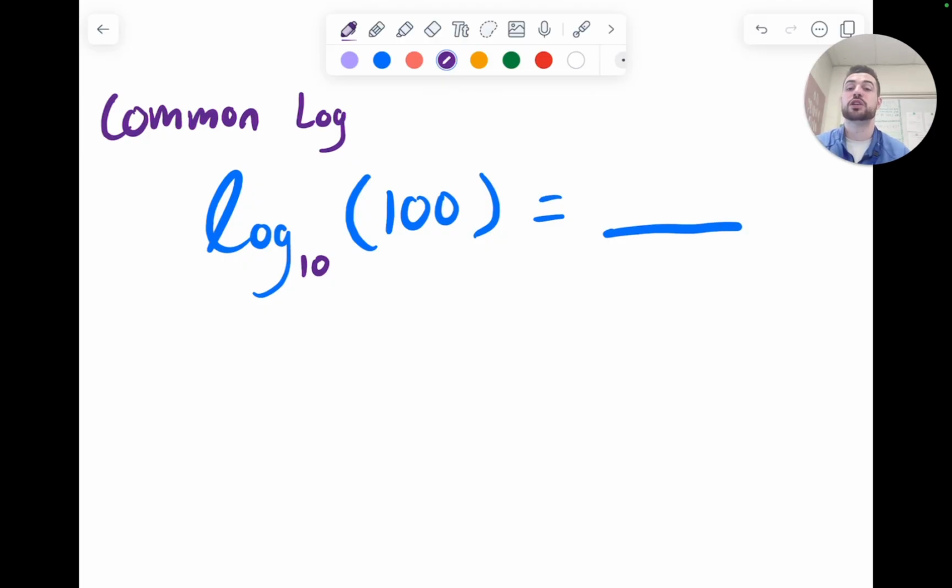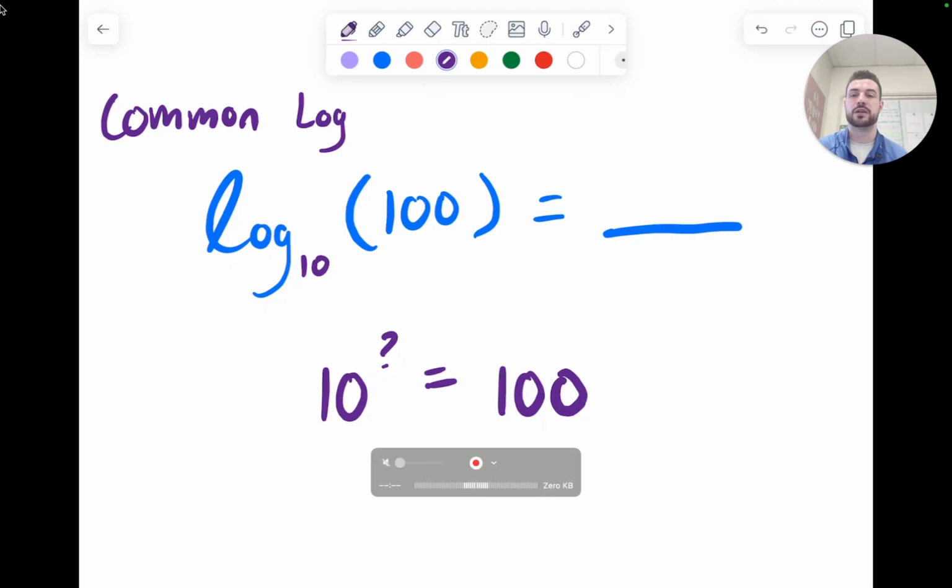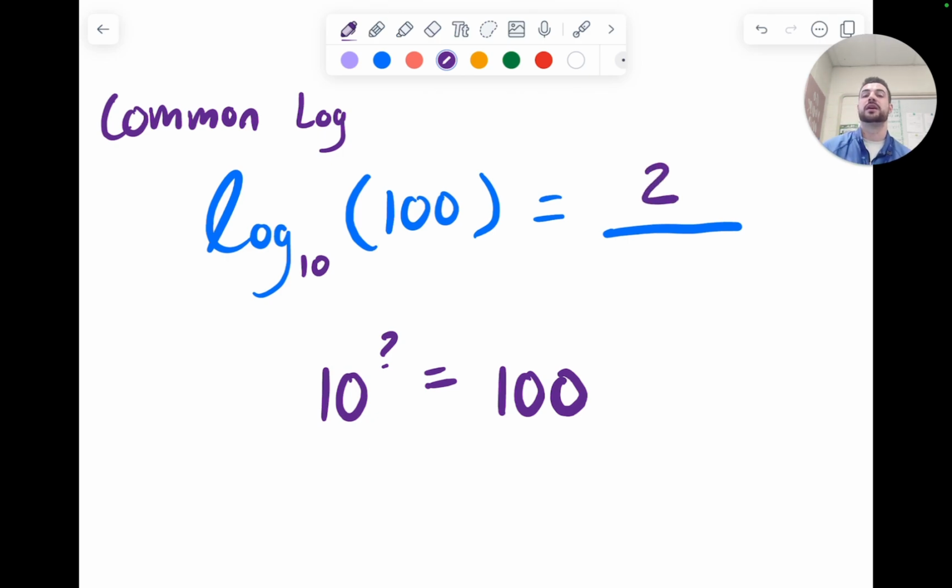So whenever you see log with no base, we just need to know that the base is 10. And you might see this button on your calculator. So we need to think about 10 to what power is equal to 100. Well, hopefully that should be pretty easy. The answer for us is 2, because 10 to the second power is 100. All right, so this is the common log.